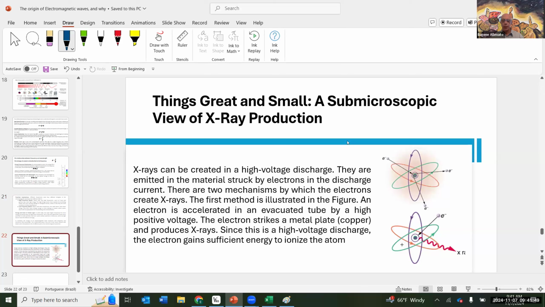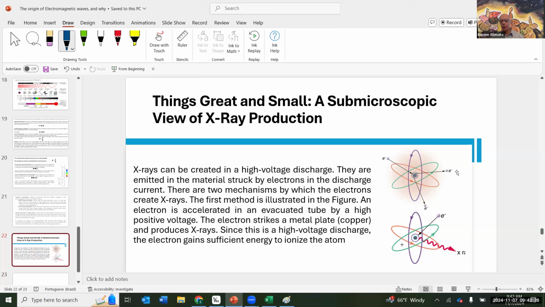And here is a slide showing how X-rays are created. Basically, you accelerate electrons. You create a beam of electrons hitting a piece of metal, like copper, for instance. And each electron penetrates the atom and, because of its high energy, is able to remove an electron close to the nucleus, so you need a lot of energy for that to happen.